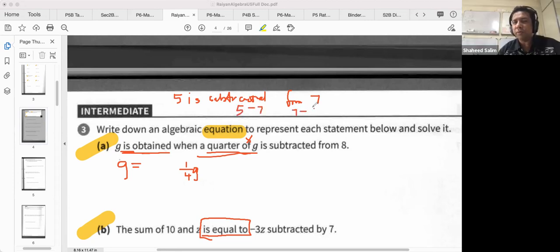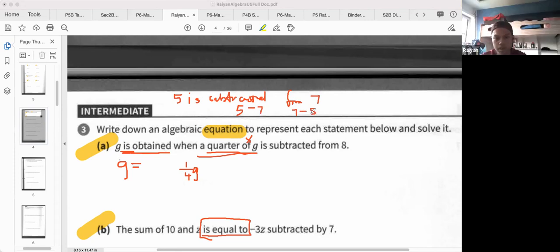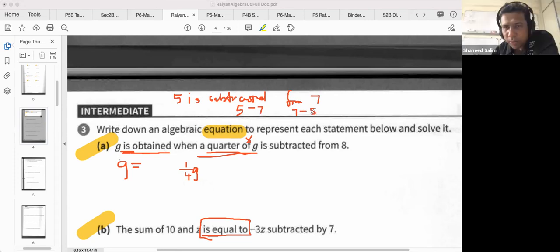Which one? 7 minus 5. Okay. Now, how do we know that? Watch this. The word from means it must be in front. So 7 will be in front, subtracted like that. So this is the equation, you know.